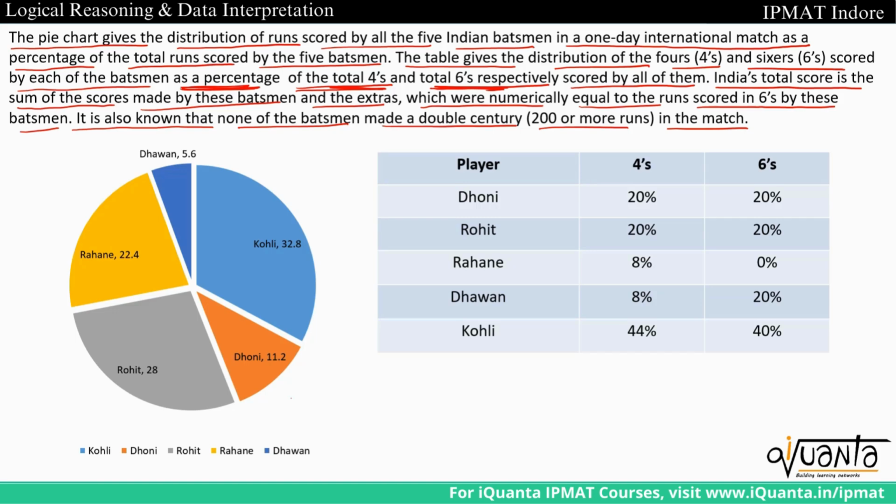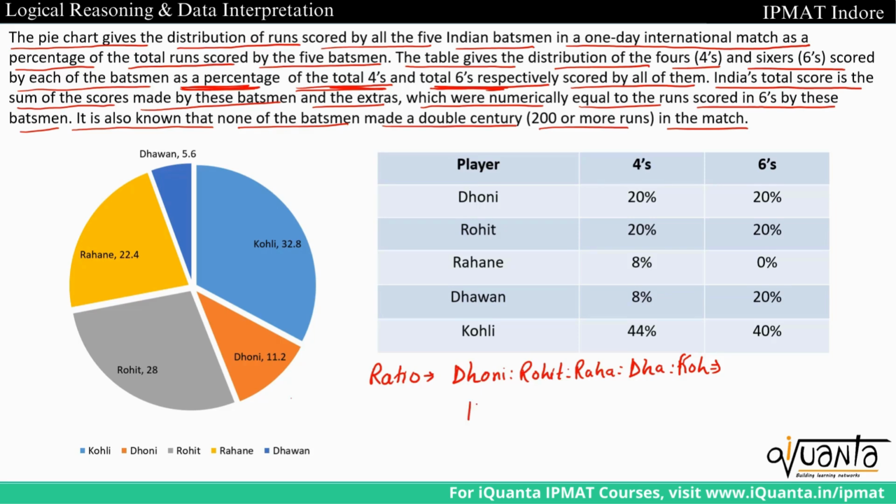So using the pie chart, we can simply find out the ratio of runs that was scored by all these batsmen. If we take the ratio of Dhoni, then Rohit, then Rahane, then Dhawan, then Kohli, what will be the ratio?